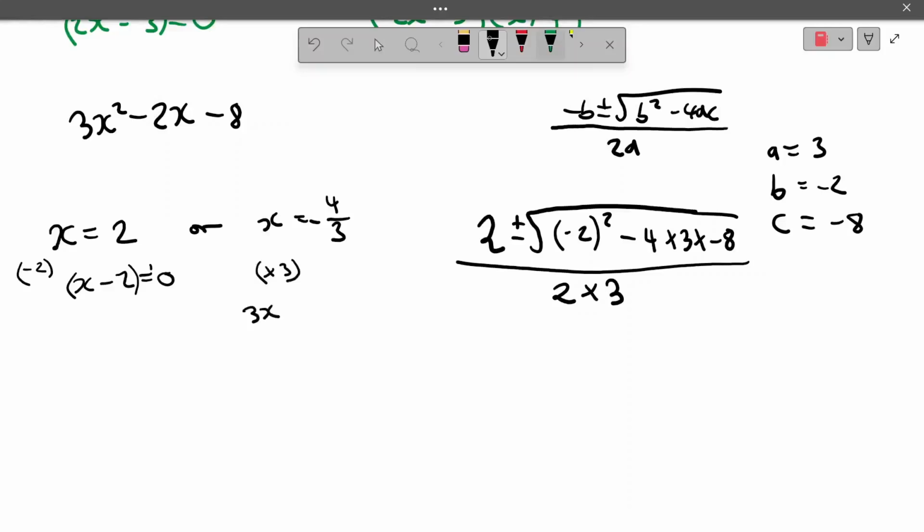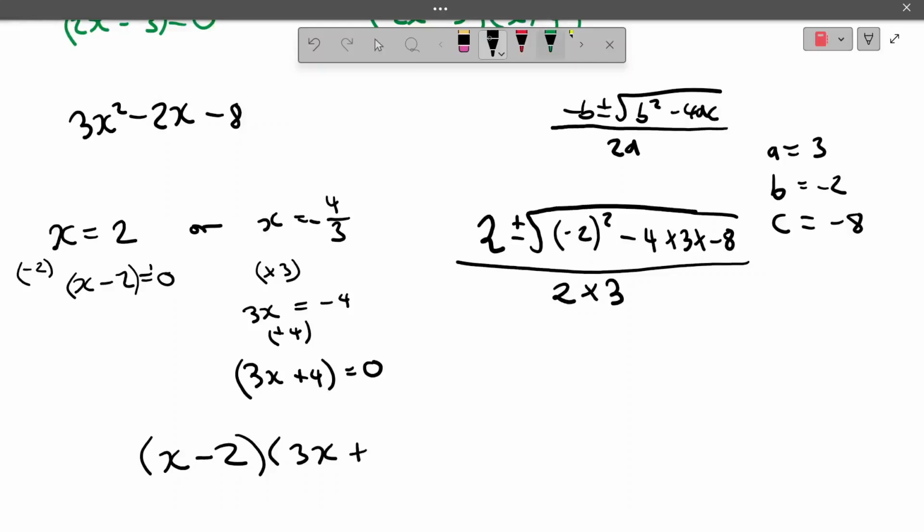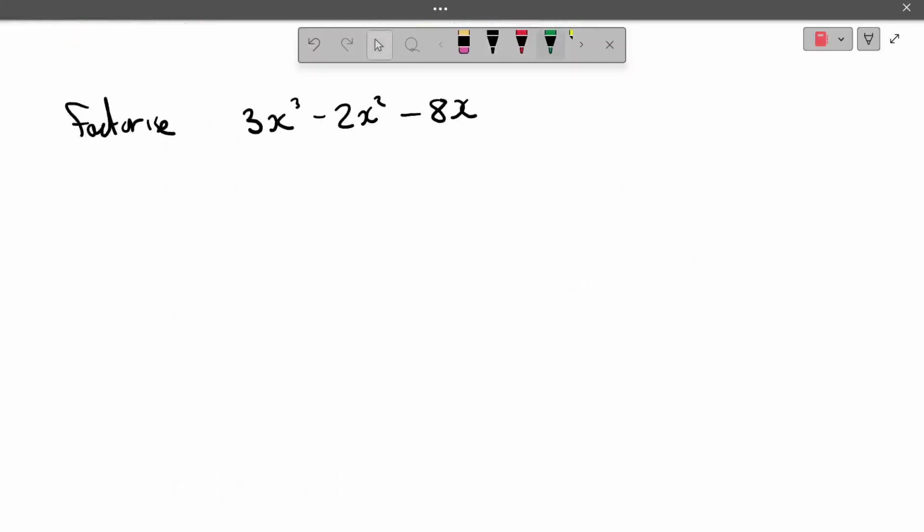So we have 3x equals minus 4. Then I'm going to plus 4. So we have 3x plus 4 equals 0. And that's our second bracket. So our 3x squared minus 2x minus 8 is x minus 2, 3x plus 4.